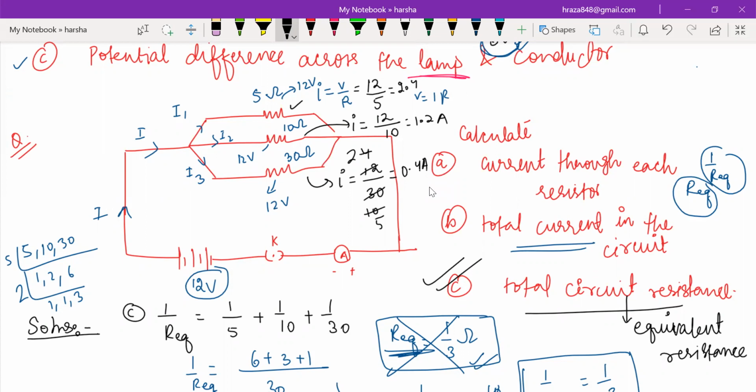So what you have to keep in mind is that in series, current is same, potential difference is different. In parallel, current is different, potential difference is same. Is that clear, everyone? Yes, sir.